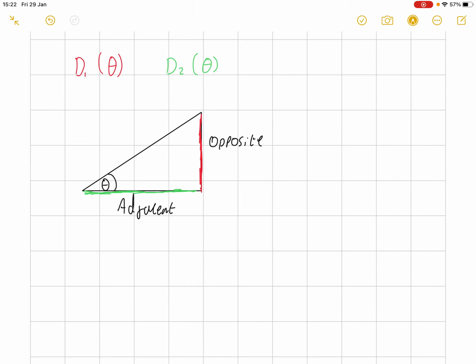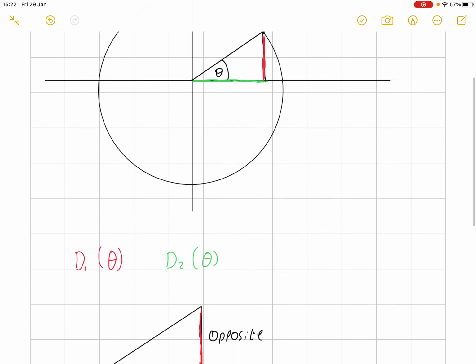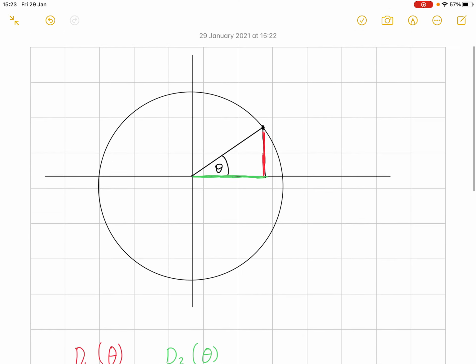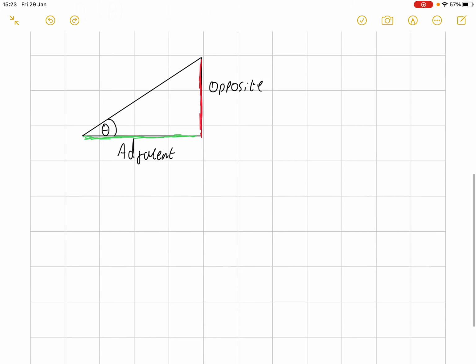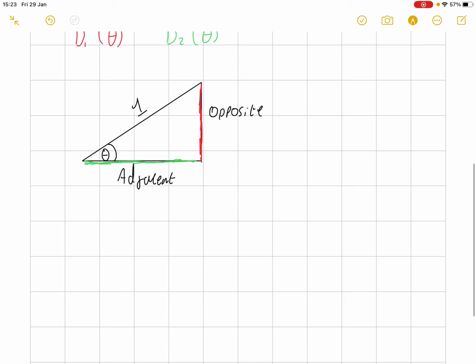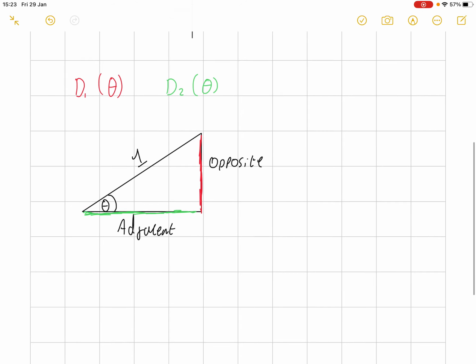How long is the hypotenuse? Well, we said that this circle has a radius equal to 1. And therefore this hypotenuse is the radius, and so is equal to 1.